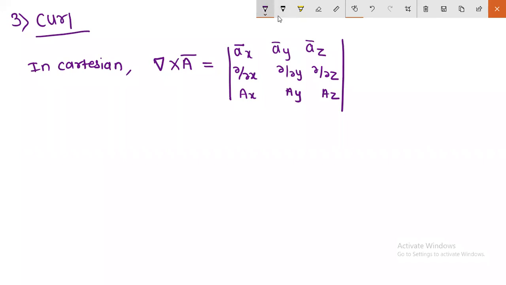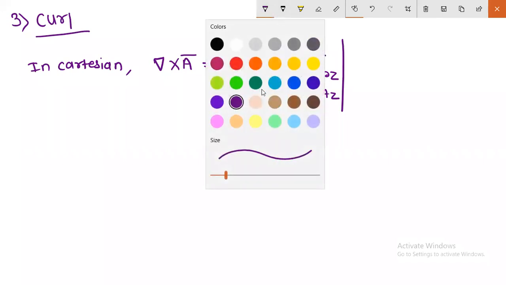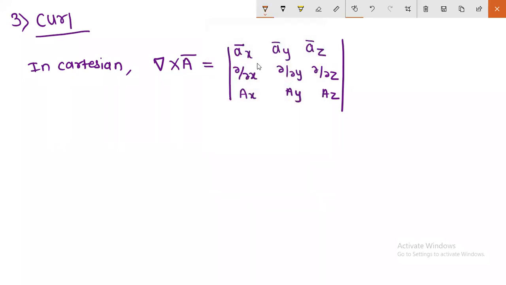Now if we consider the cylindrical system, this del cross a bar. In Cartesian the coordinates are x, y, z; in cylindrical the coordinates are r, phi, z.